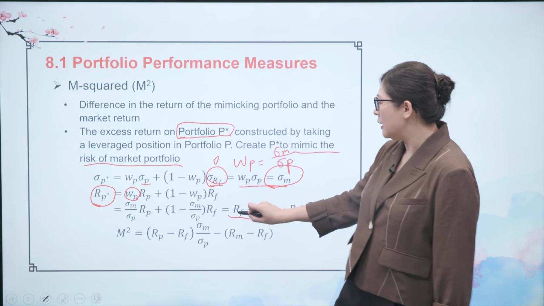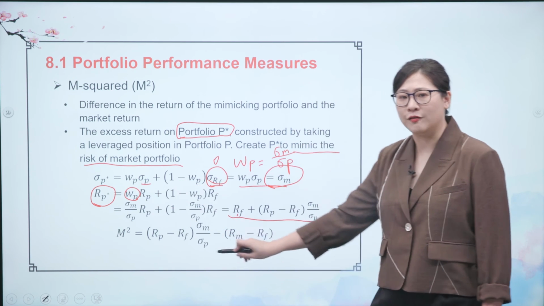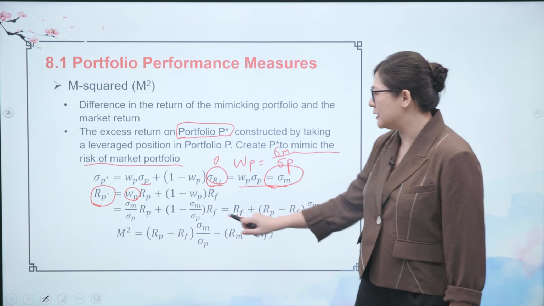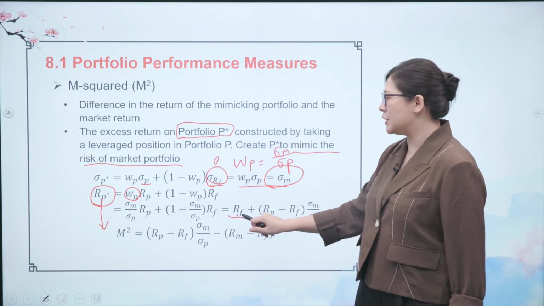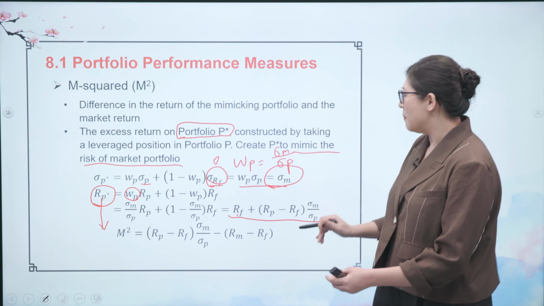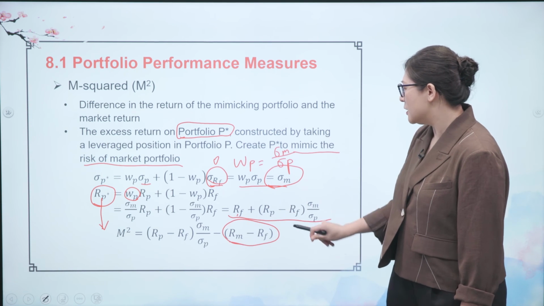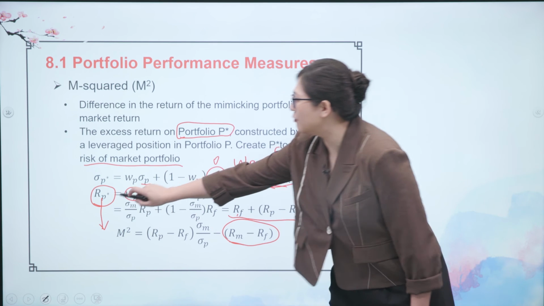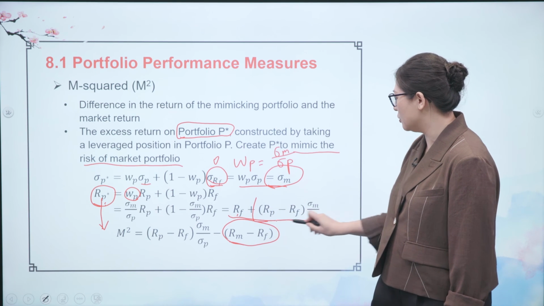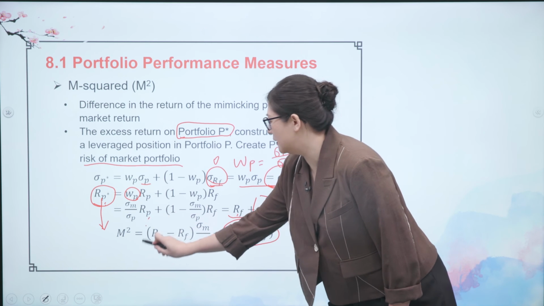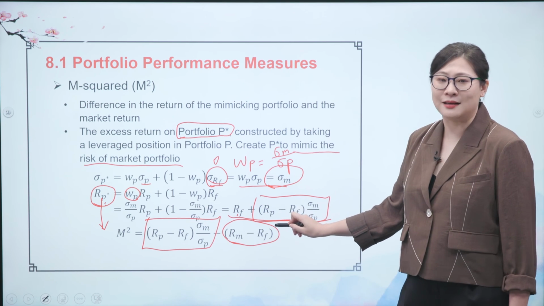We move the RF to the left of our equation. So it is the return for our mimic portfolio minus the RF, in total, minus the market excess return. So the excess return of our mimic portfolio should equal this part, minus our market excess return.